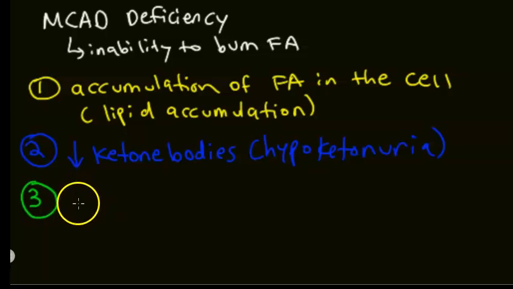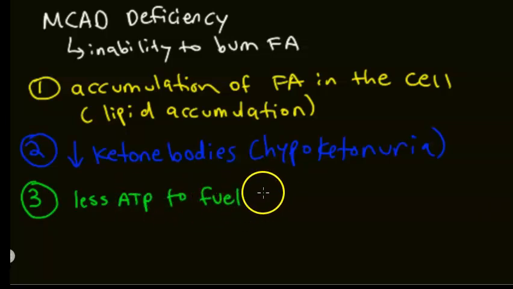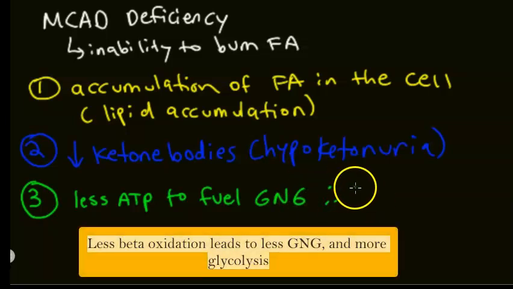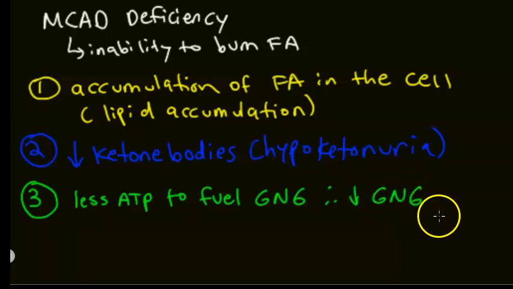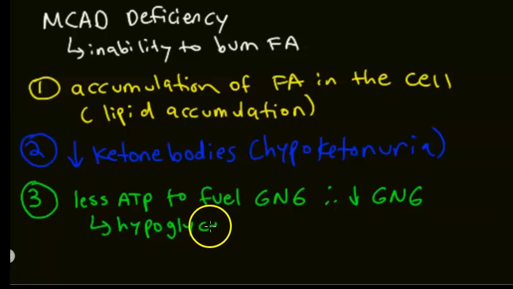So by having less beta oxidation taking place, you have less ATP made to fuel gluconeogenesis, and therefore you get less gluconeogenesis. As a result, you're going to get hypoglycemia because you're unable to fuel gluconeogenesis in the liver. So you get lower glucose levels because you're unable to release that glucose when the blood glucose levels are low.